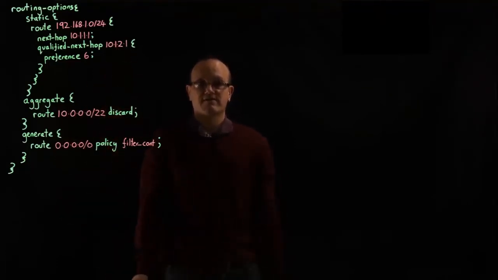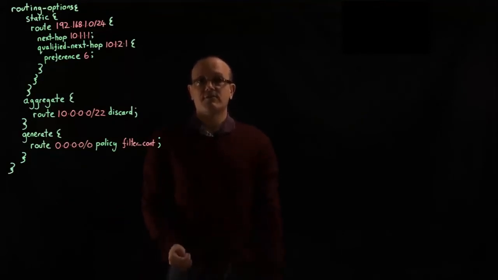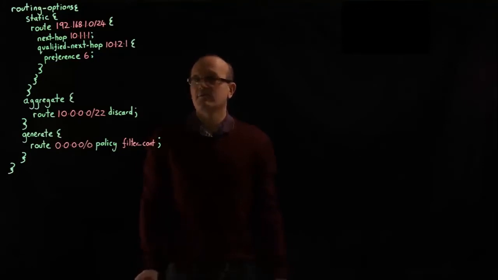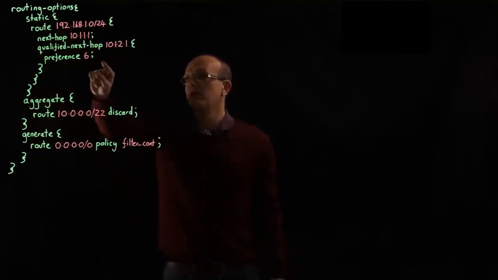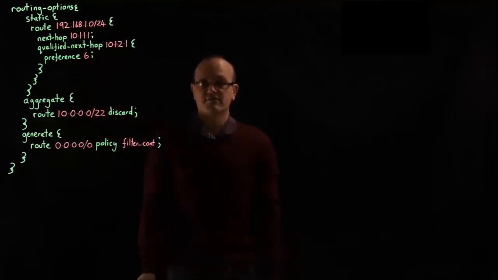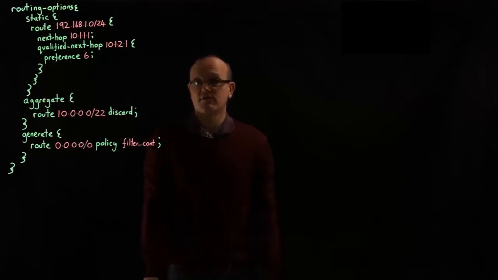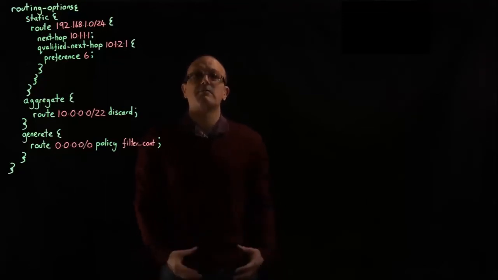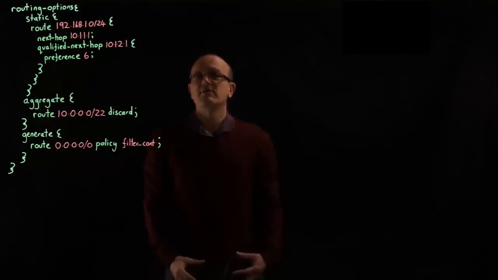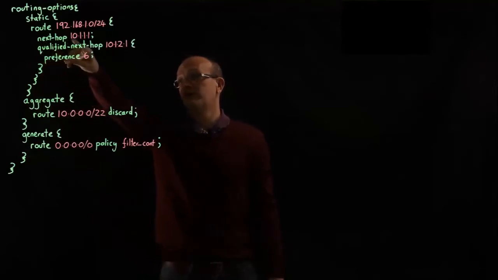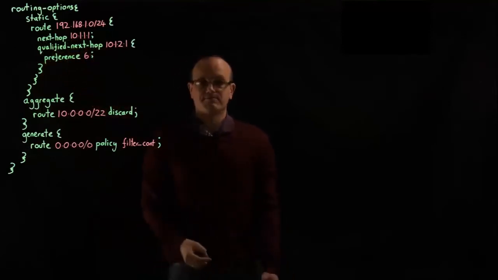And so that means that we can tell the router which next hop we want to use under normal conditions. In this example here, we've configured the qualified next hop to have a preference of 6. And if you remember back, the default preference of static routes is 5, and we're preferring lower preference over higher preference. So in this case, under normal operation, we're going to be using the next hop 10.1.1.1.